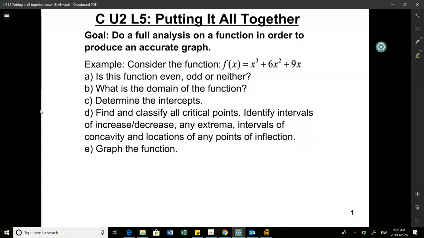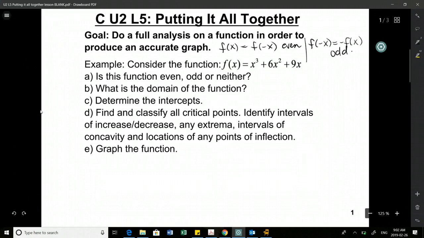Yeah, okay, so that's the algebraic definition. That's good. So Devin says if f at x is equal to f at negative x, that is even, and she's correct. And if f at negative x is equal to negative f at x, that means the function is odd.